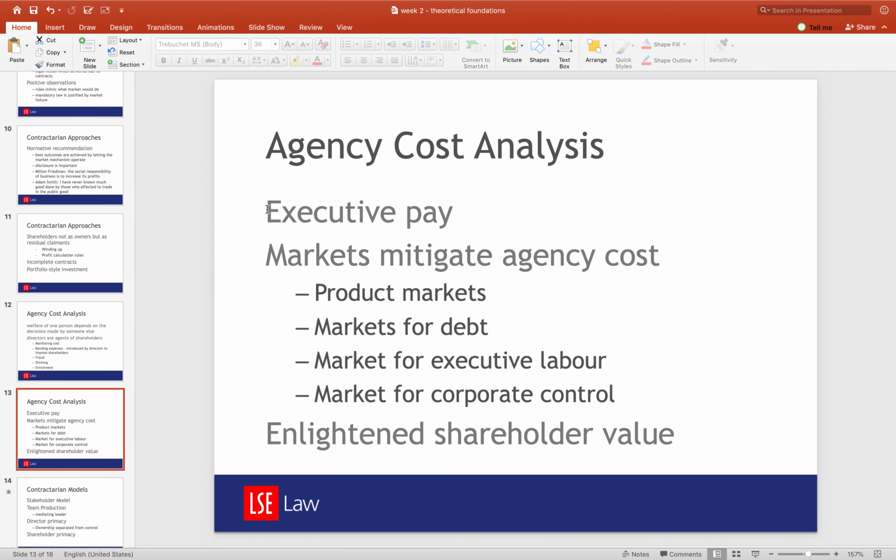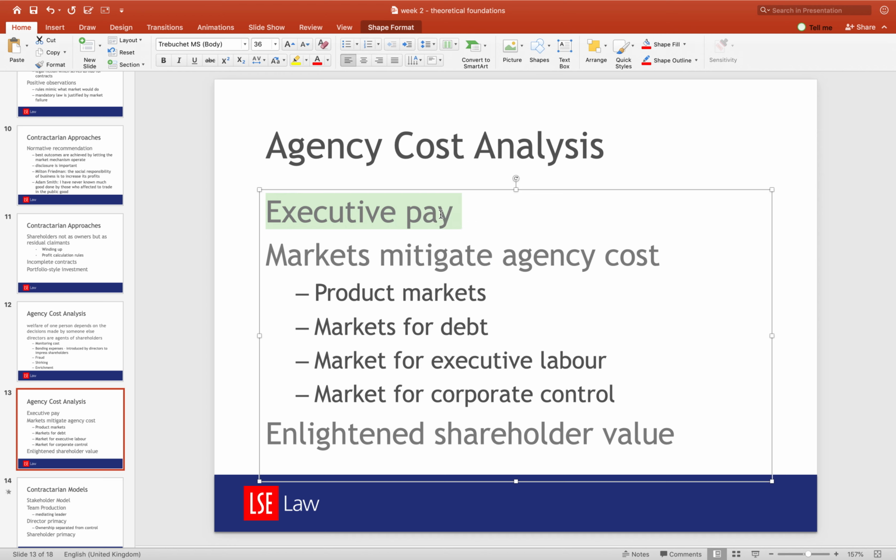Agency cost analysis, because it has this assumption that there's this conflict of interest, says the cost of that conflict of interest would be reduced if we aligned interests better. So the idea is executive pay is an important tool aligning those interests. And we will see later that there are problems associated with this assumption.